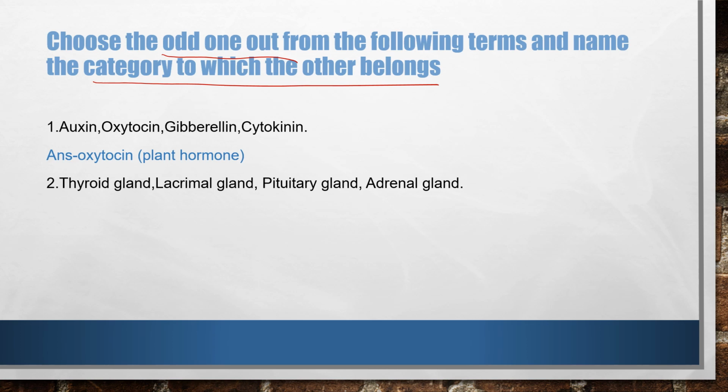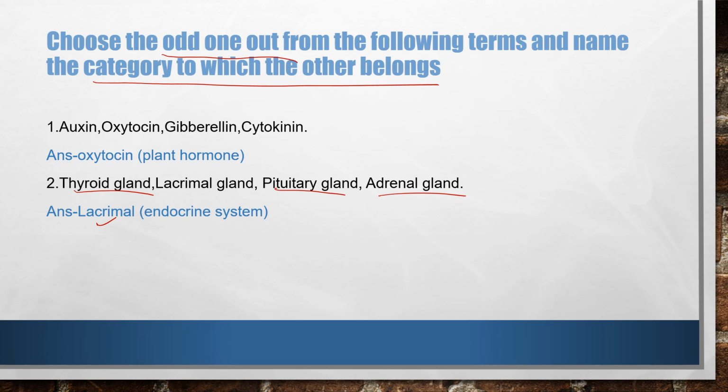So here all the things we are pointing towards the glands. So lacrimal gland is the odd one out because the other 3 belong to the endocrine system, and we know where the lacrimal gland is located. We have told in the previous video where the lacrimal gland is located. It is actually located in the eye.